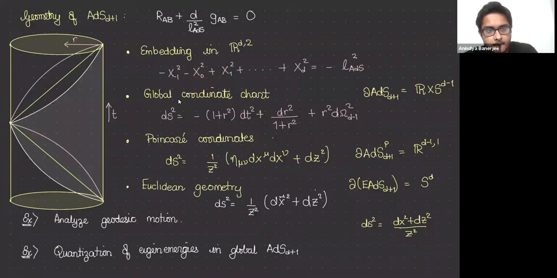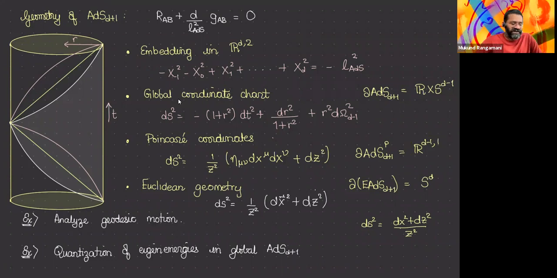So what I did yesterday, I of course did get the Poincare patch. And if you want to think about conformal field theories in Minkowski spacetime, you would study the geometry in the Poincare patch. However, conformal transformations act more naturally on the Einstein static universe. So the right arena, if you're studying conformal field theory and doing radial quantization, is to study them in Lorentz signature on R cross S^(D-1), because then the conformal transformations act nicely.